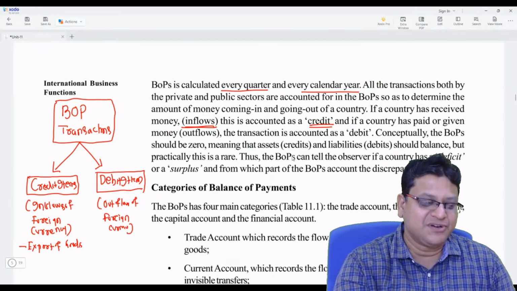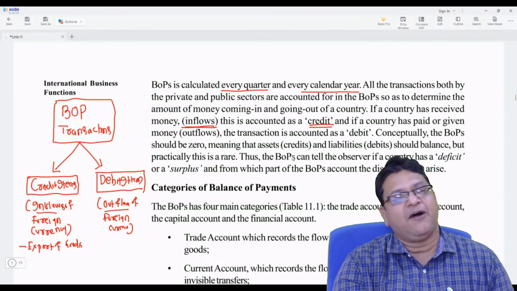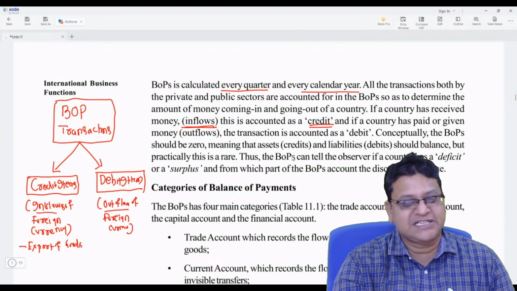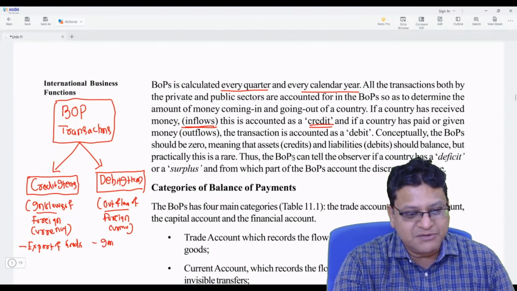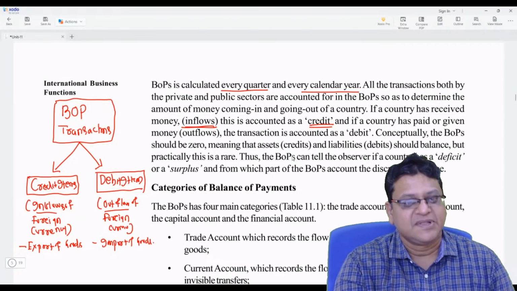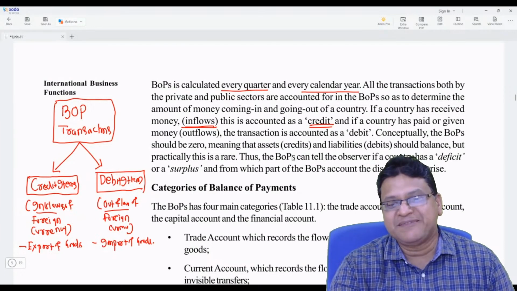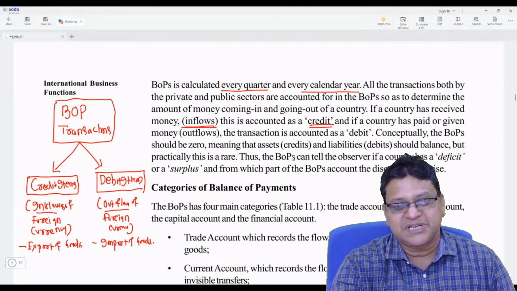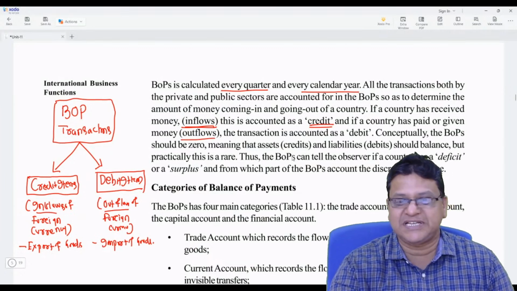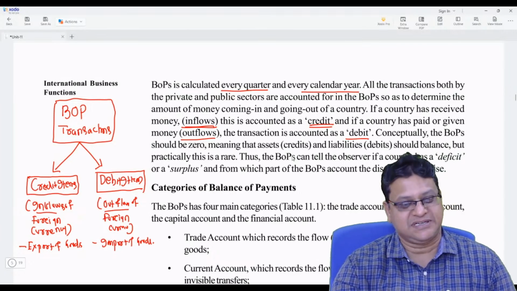Credit items result in inflow of foreign currency. Debit items result in outflow of foreign currency. Example, import of goods and services. So there are two types of transactions, credit transactions and debit transactions. Credit items result in inflow of foreign currency and debit items result in outflow of foreign currency.